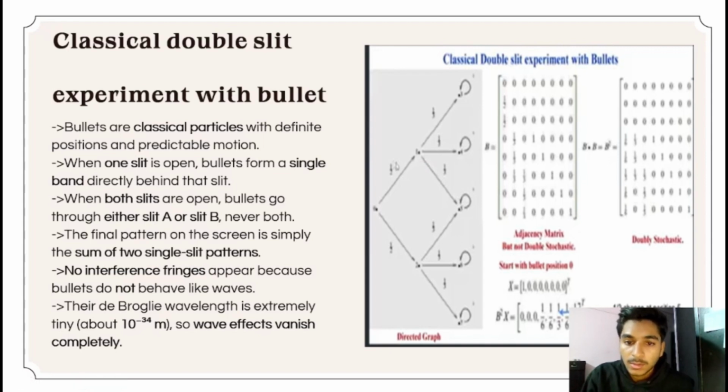Next, I am going to explain this using the adjacency matrix and the doubly stochastic matrix. First, the adjacency matrix.